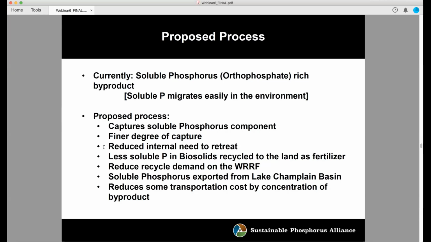So by removing the soluble phosphorus, we will also be saving a lot of money in transportation costs and so on. And one of the major drinking water sources for us in Vermont is Lake Champlain, and we can also mitigate the phosphorus runoff into Lake Champlain and protect our waters.